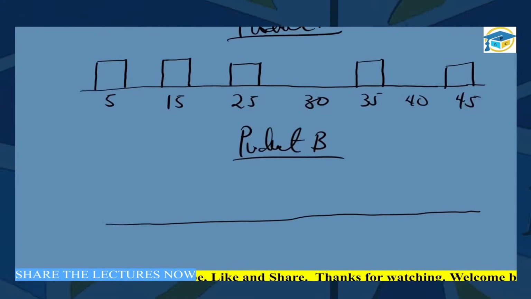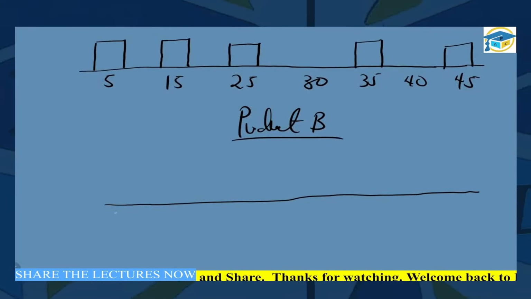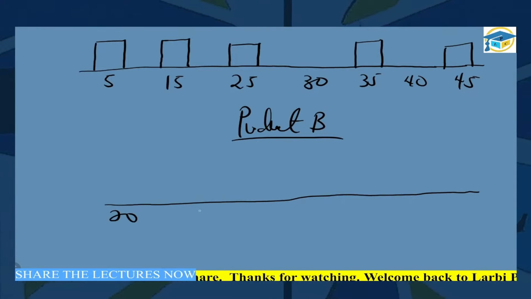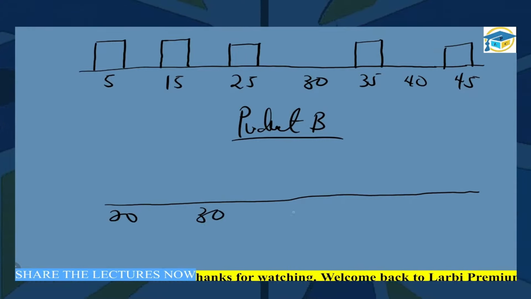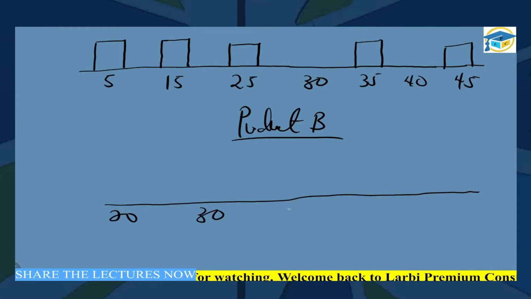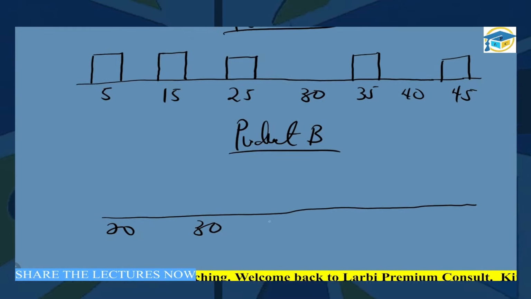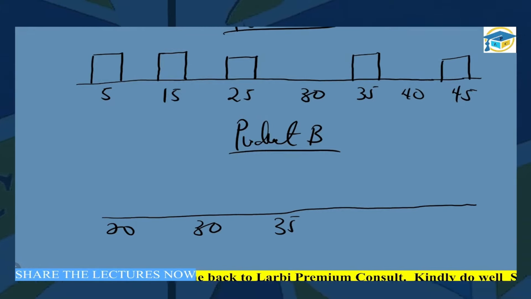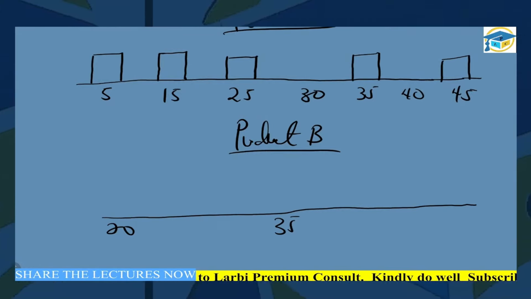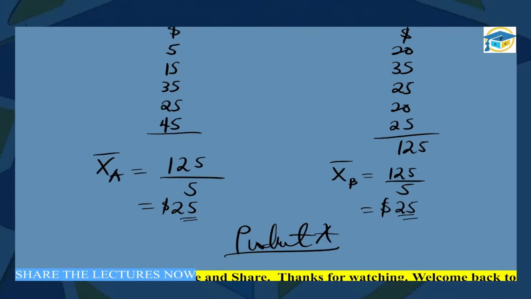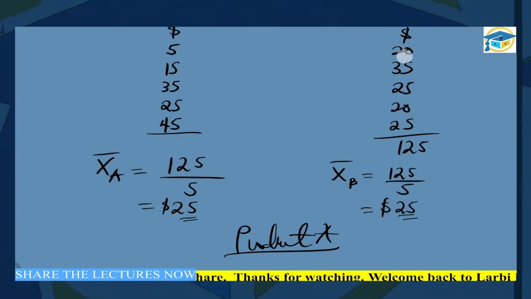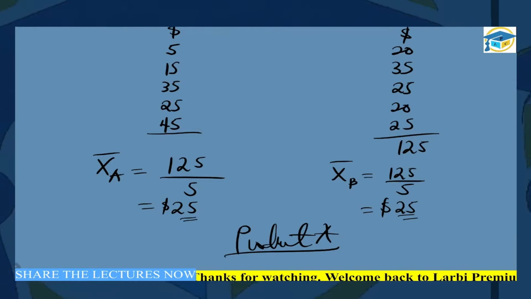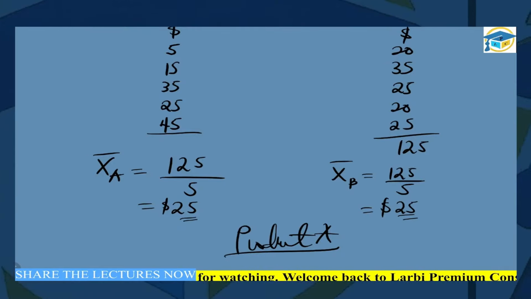So we can have 20 here, then 30, then 35. I think we're having 25 there. In terms of frequencies, we have 1 and then 2.